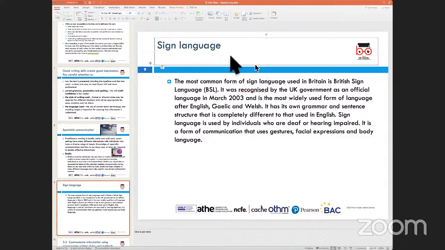So BSL, as it is called, British Sign Language, is basically a language wherein we are using visual and gestural, body gestural, signs to primarily communicate with people who have a disability, which is basically, in this case, that they are deaf. That means they are unable to hear. They have a disability either by birth or have had that disability diagnosed over a point in time.